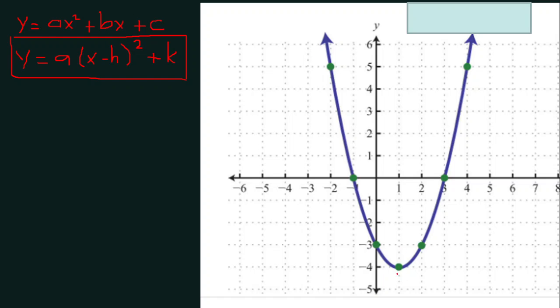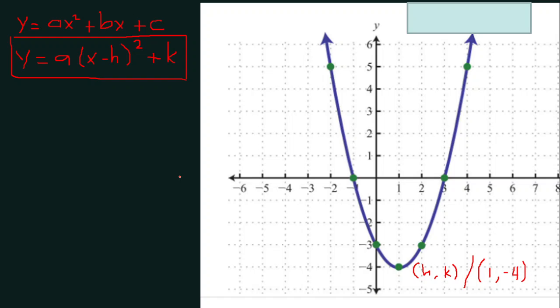Because based on the given parabola, we can determine the values of h and k, which we all know is the vertex of the parabola. Right? So for this parabola, the vertex would be positive 1 and negative 4. So you have 1, negative 4.